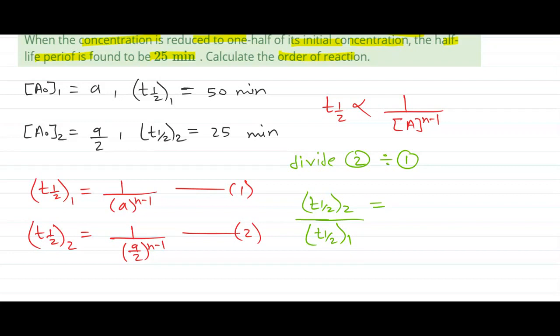So then you will get 1 by A by 2 raised to power n minus 1, multiplied by, why? Because the other term will be 1 upon concentration of A raised to power n minus 1. When it comes in the numerator part, it will be A raised to power n minus 1.